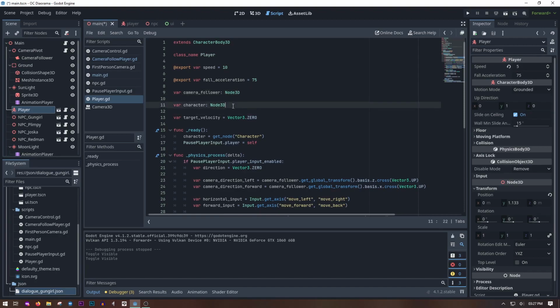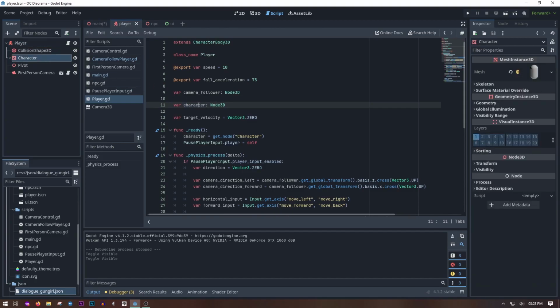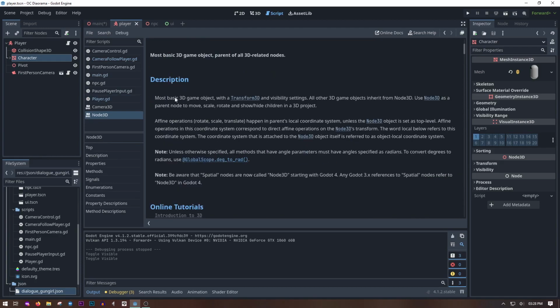Camera follower node 3D, character node 3D. This is defining the character. If we go to the player thing, this is called a character, it's not the same thing. It's not spelled the same, so variable character is node 3D. Node 3D is just a thing, you know. It's the most basic 3D object with a transform 3D, visibility settings.